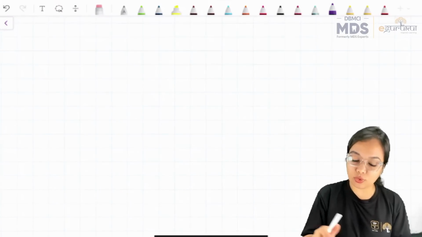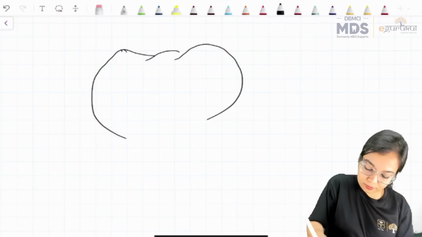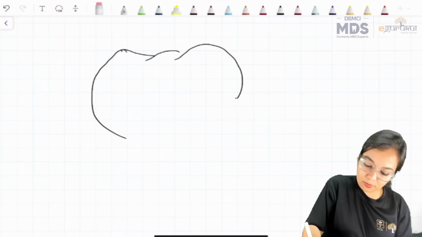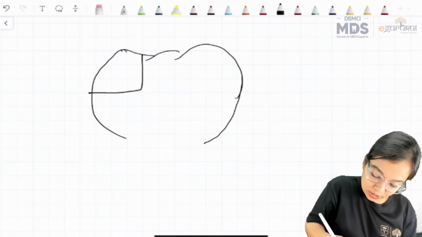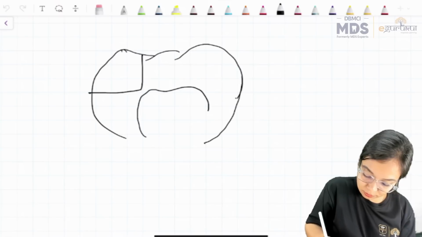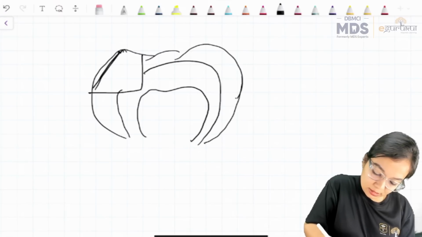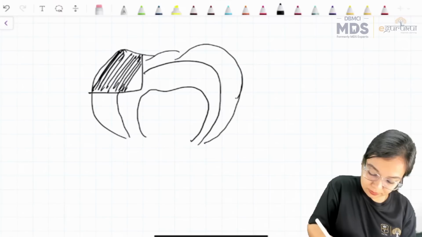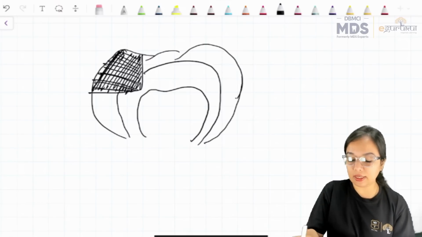So what you basically do when you do an IPC: there is this tooth where you say this is the carious lesion and the pulp starts from here. This is the dentine, for example. This is the carious lesion and the center part is the pulp.